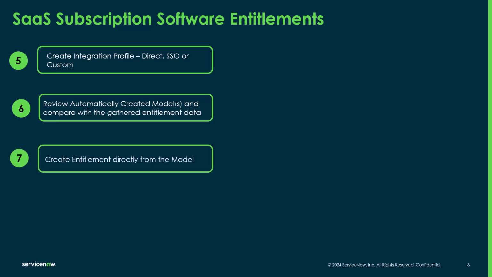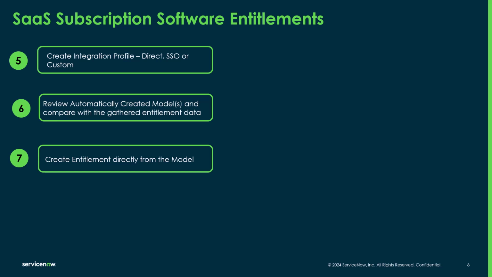So again, the next step is you're going to want to create the entitlement directly from the software model that was created by the integration, rather than from the entitlement or the bulk entitlement process. And that's going to really make sure that the entitlements are correctly associated with the software model to where all those subscriptions have been assigned.